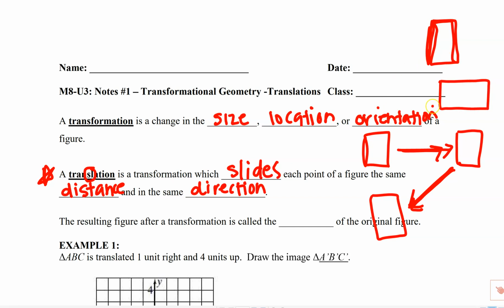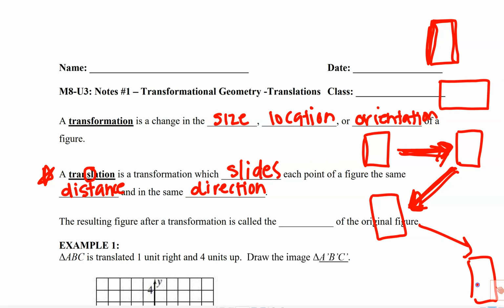Well, no, orientation just means that it doesn't flip around or turn around. So if I'm just moving an object, it's not changing orientation. Okay, so a translation basically is just moving a figure from one place to another. That's all it means. So the only thing that changes is your location.